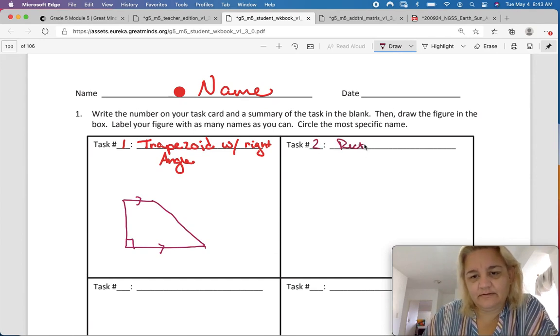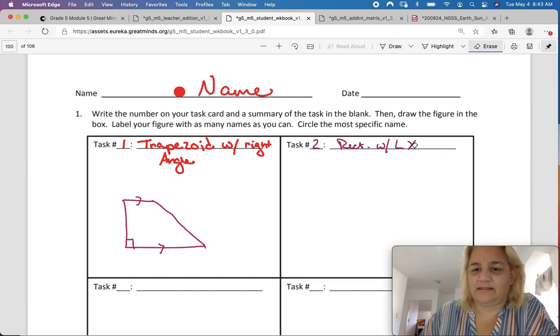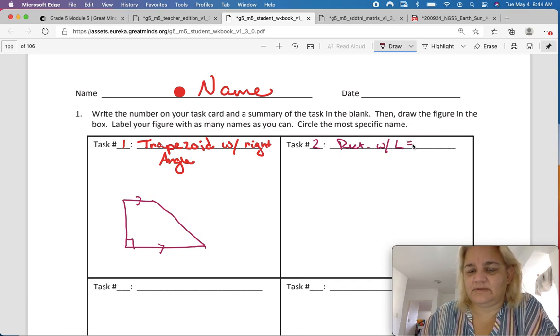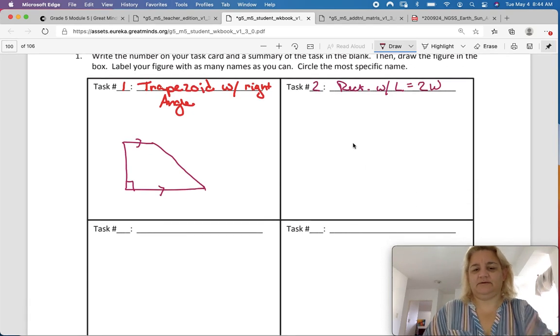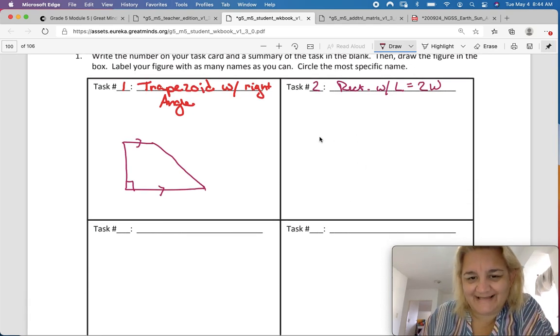Rectangle with length where the length equals twice the width.